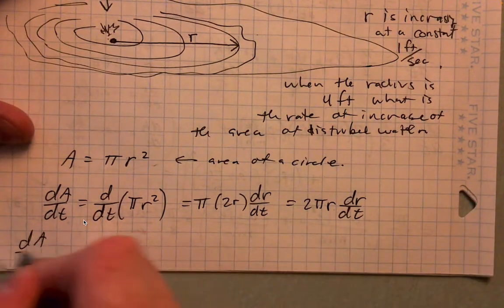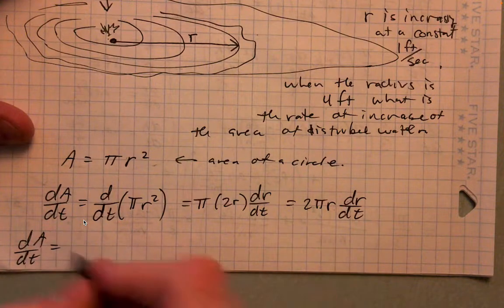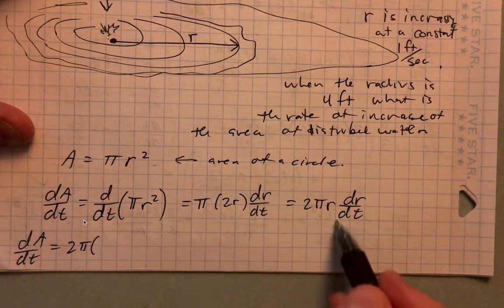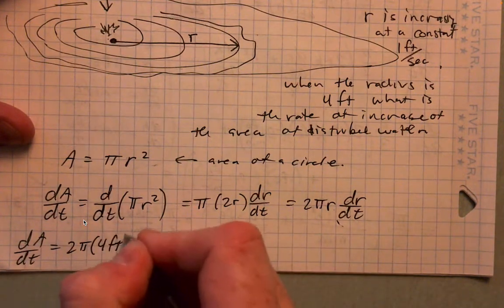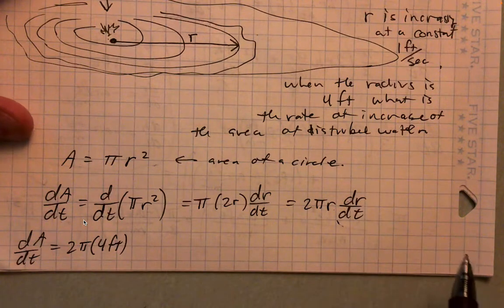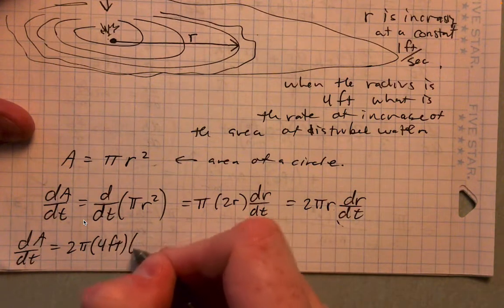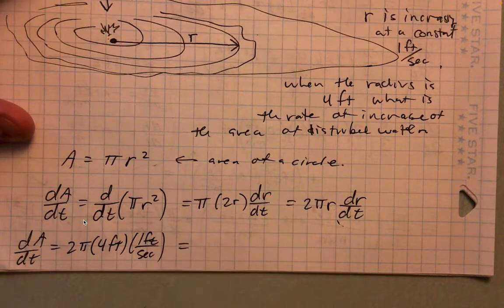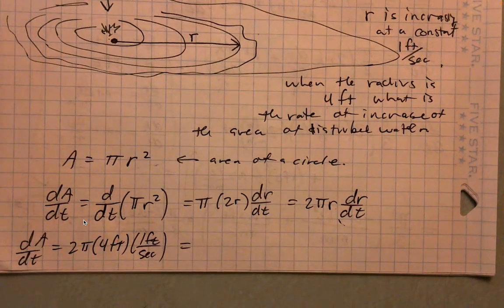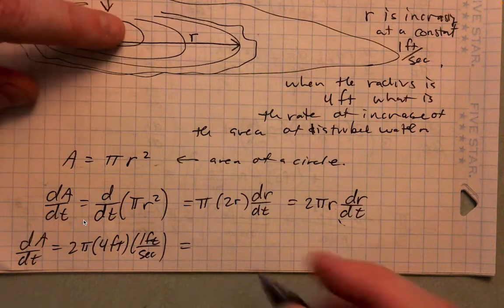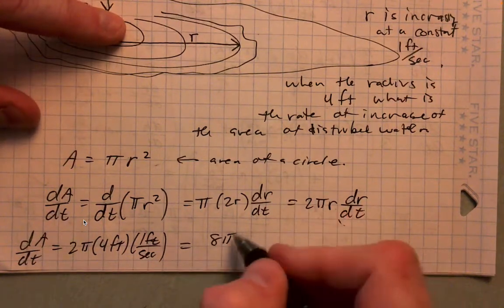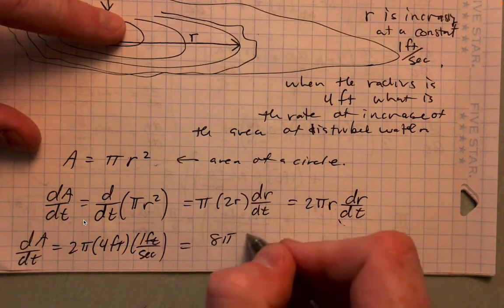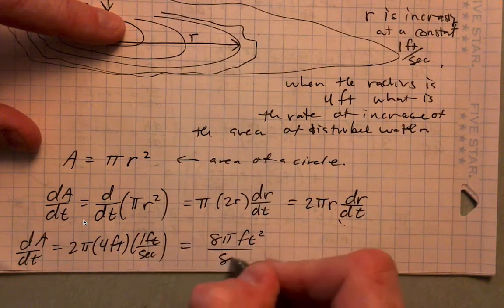So dA/dt would be equal to 2 pi times r, which is 4 feet, and dr/dt is 1 foot per second. Can we multiply all that together? Yep. So we'd get 8 pi feet squared per second.